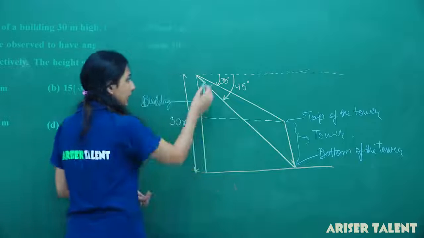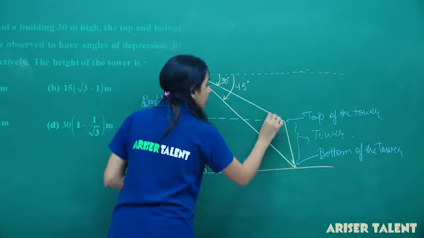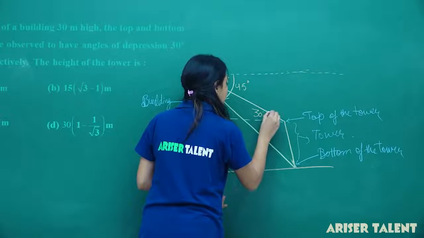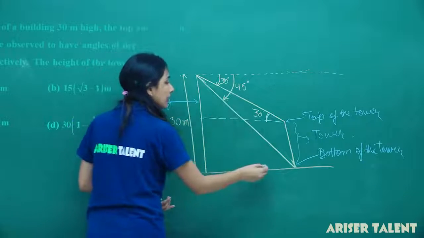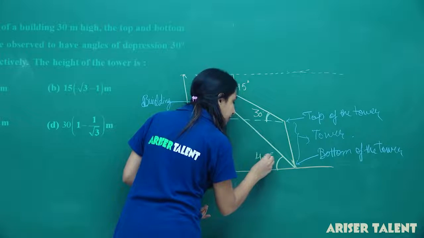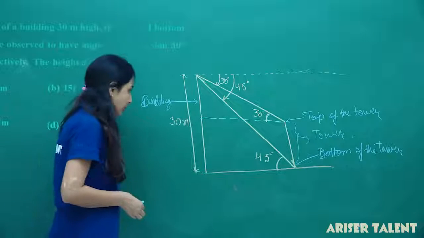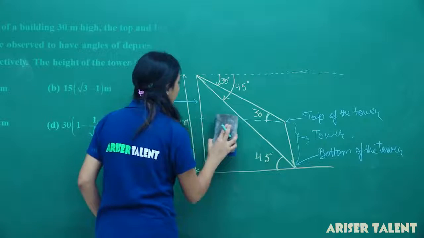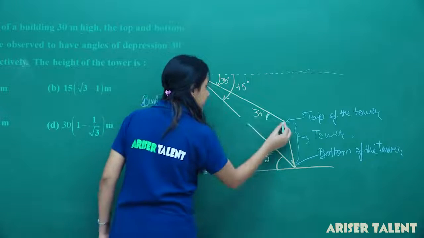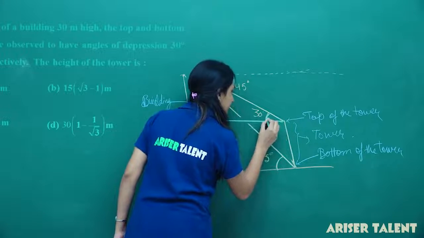Now, if I draw a line here, and it is 30 degree, so this will also be 30 degree. And as it is 45 degree, this will also be 45 degree. Okay, so actually we have here a figure, right, students?